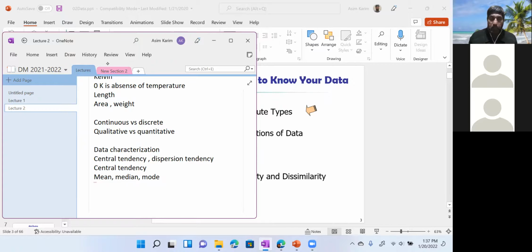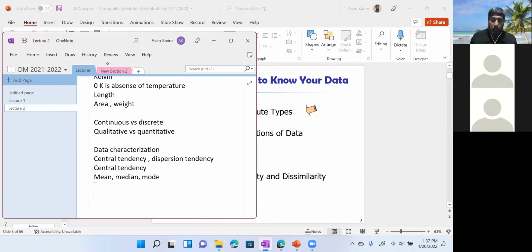This cannot be done for categorical attributes. Similarly, median requires that your attribute values can be ordered. Median is the middle value, and if it is even length, the average of the middle two values. So the median cannot be found for nominal attributes.